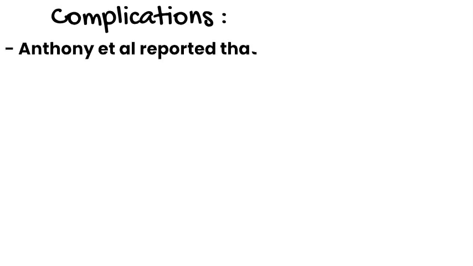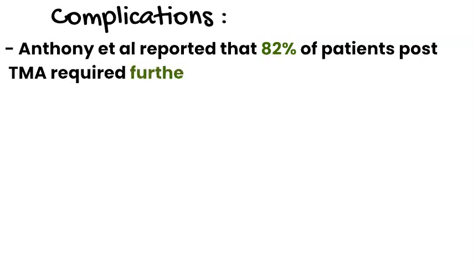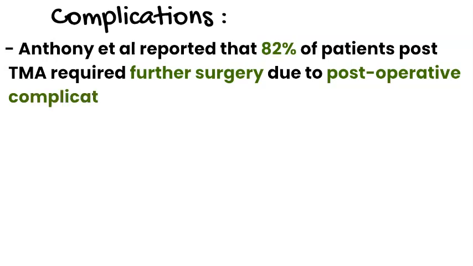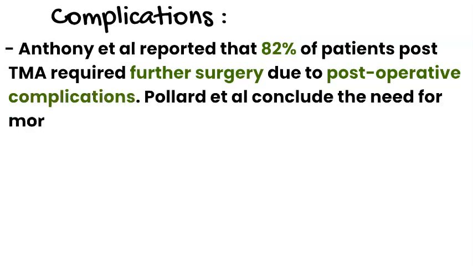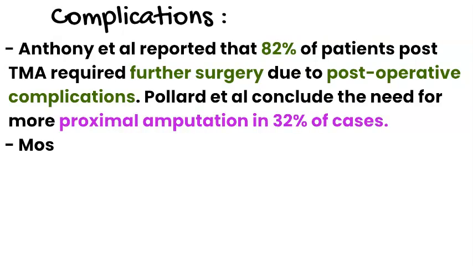Regarding complication, Anthony et al. reported that 82% of patients post-transmetatarsal amputation required further surgery due to post-operative complication. Pollard et al. conclude the need for more proximal amputation in 32% of cases.